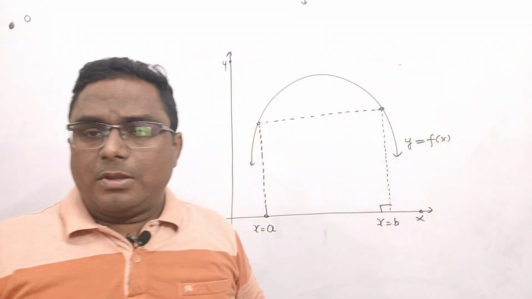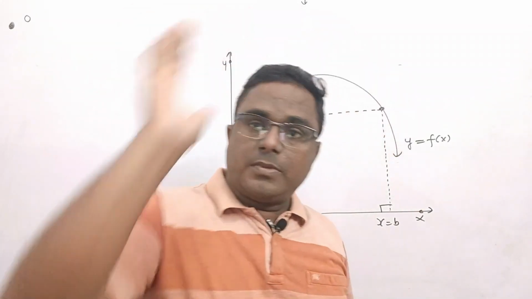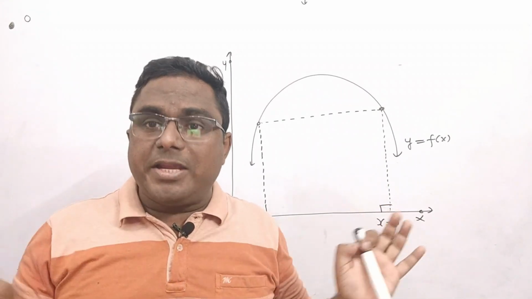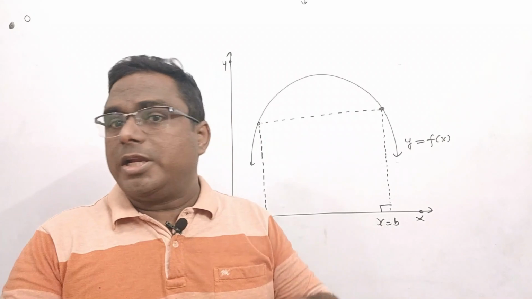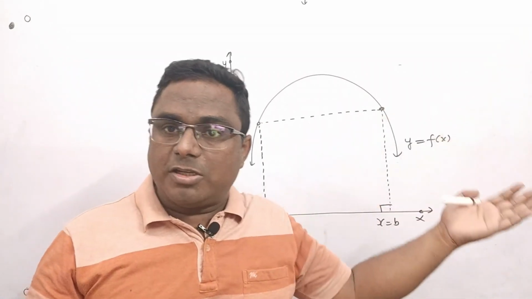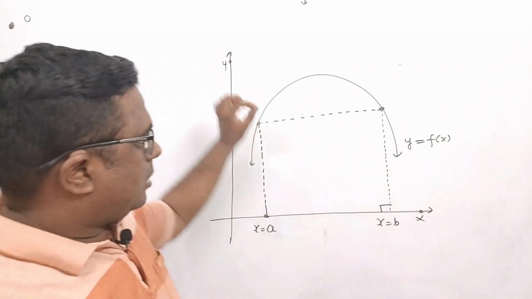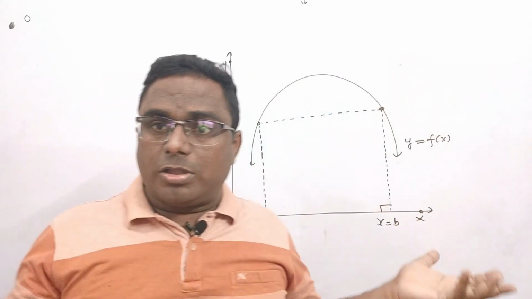Now secondly, you see that the graph of the function is smooth from this point to this point, and there is no spike or gap. It means if I want to draw the tangent at any point from here till here, I can draw the tangent easily.